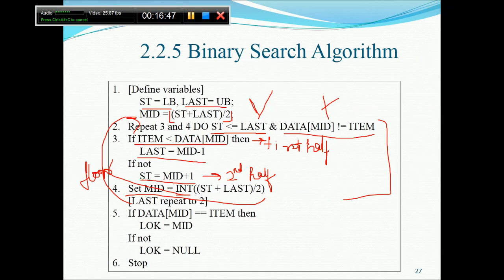In this case, we'll again check whether the data at the middle index is equal to the item or not. If it is equal to the item, I will return location equal to mid, otherwise location equal to null.